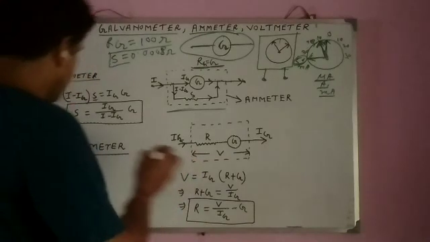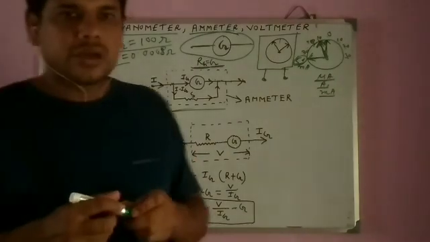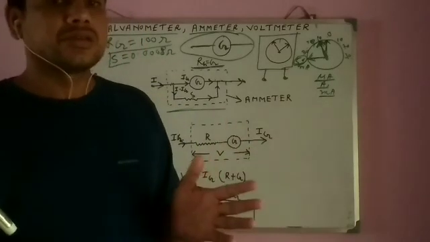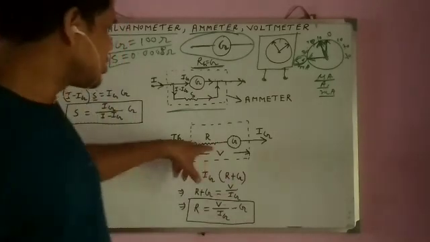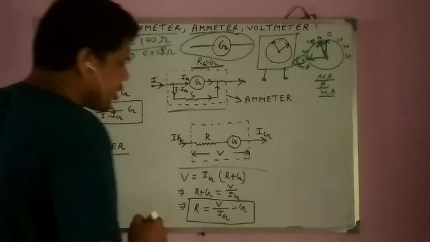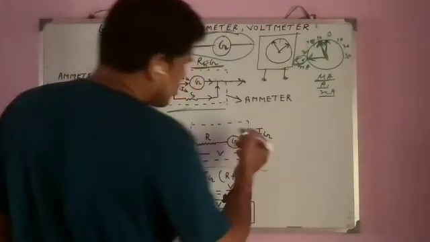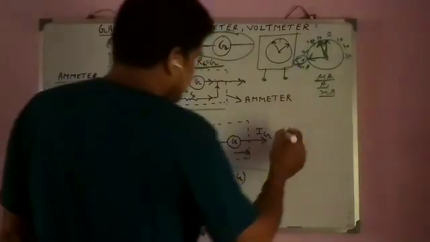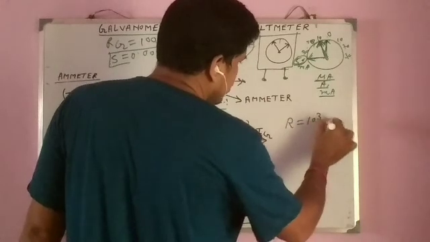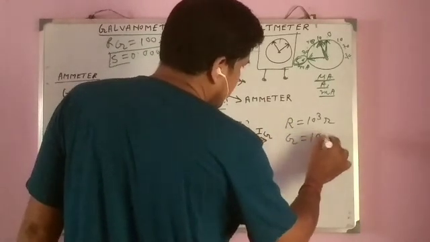Now the voltmeter. A voltmeter also consists of one galvanometer and a very high resistance which is connected in series with the galvanometer, as shown in this figure. Here R is the very high resistance and G means the galvanometer, and G also indicates the resistance of the galvanometer. The value of R can be, for example, 10 to the power 3 ohm, and the value of G like 100 ohm.